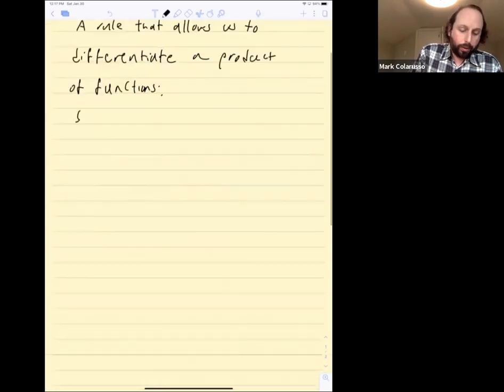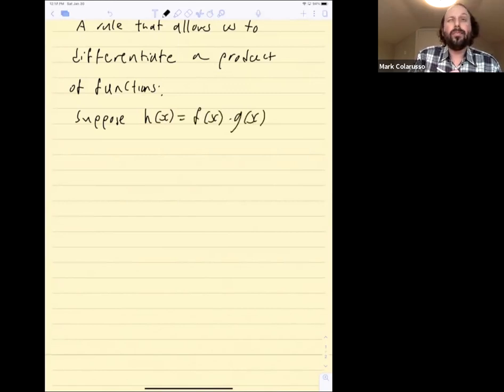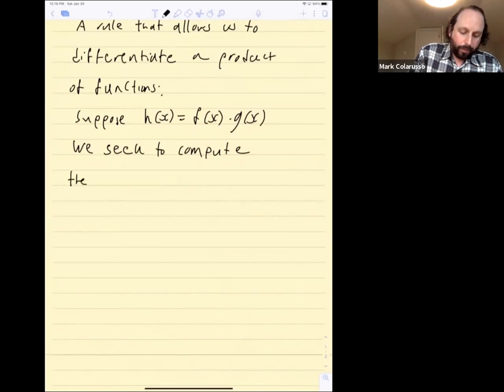Suppose we have a function h of x, which is f of x times g of x, right? And we seek to compute the derivative h prime of x in terms of the derivatives of f and g.